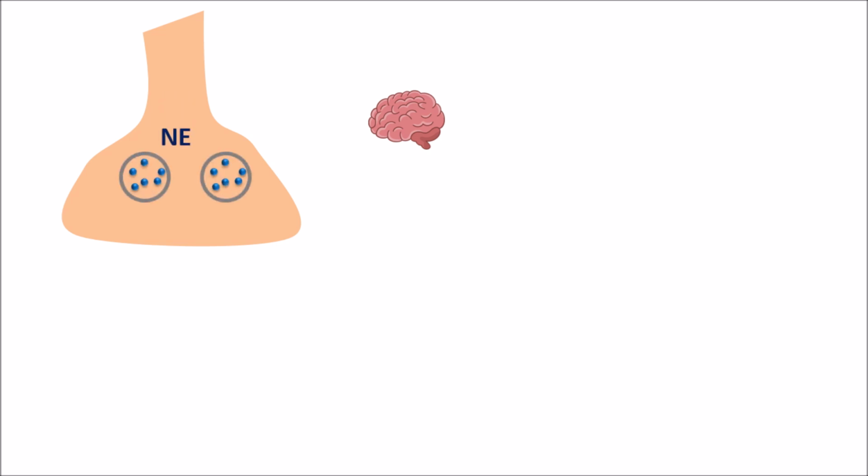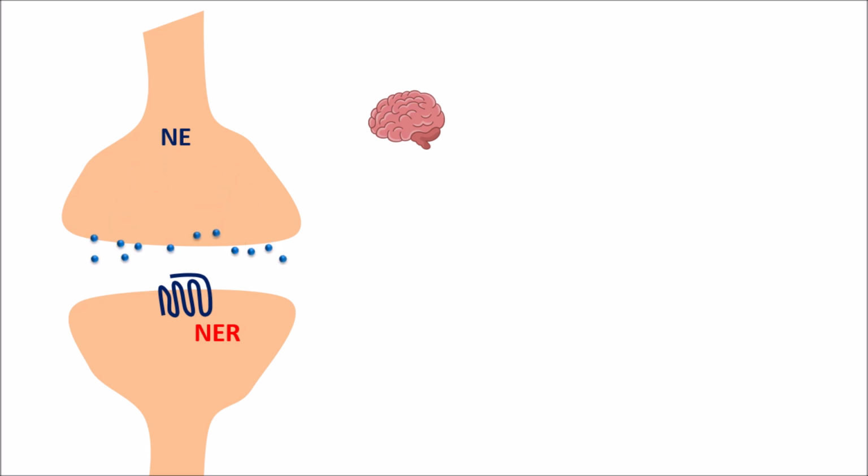So within the CNS, a few of the neurons can store mediators like norepinephrine. This is the presynaptic neuron and this is the postsynaptic neuron. On the postsynaptic neuron, norepinephrine receptors are located. Now, when this norepinephrine is released, it can act on the postsynaptic receptors, which produce postsynaptic excitation. So this results in adrenergic transmission within the CNS.